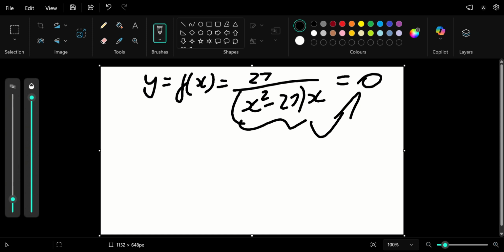Now to look for stationary points, we know that we have to take a derivative, because when the derivative equals 0, we'll find the coordinates of the stationary point.